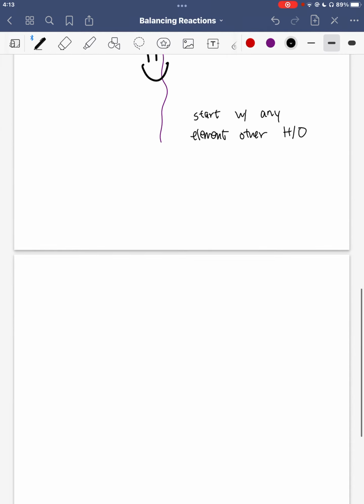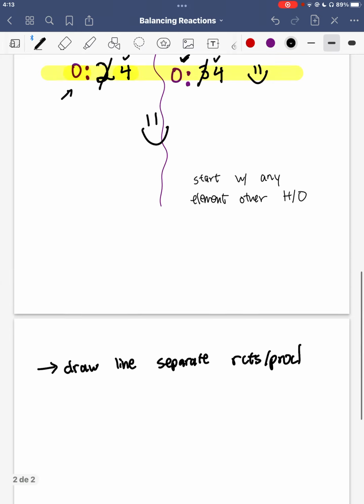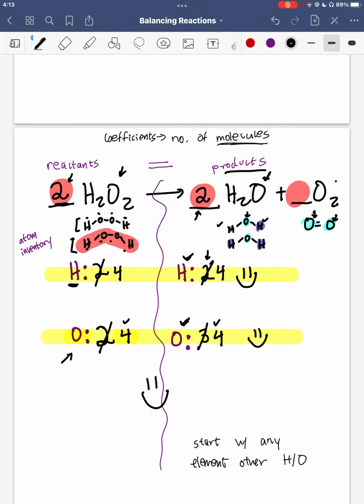So just to review, what was my first step? Draw a line to separate my reactants and my products. That helps me see what's on the left of the arrow, what's on the right of the arrow. So this line is really important.